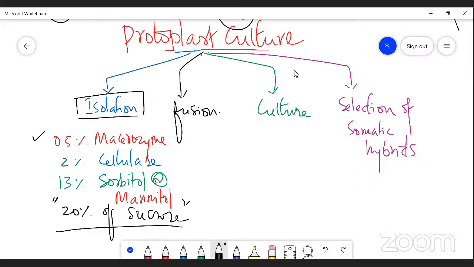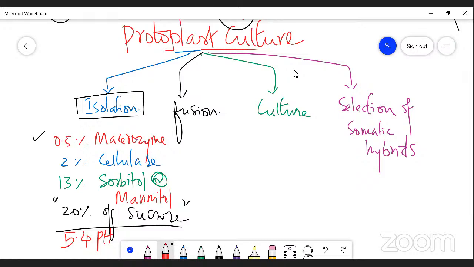Its pH value is 5.4. Could you mention the pH value? 5.4. Very good. So what I have given here in isolation of protoplast, definitely you can expect.